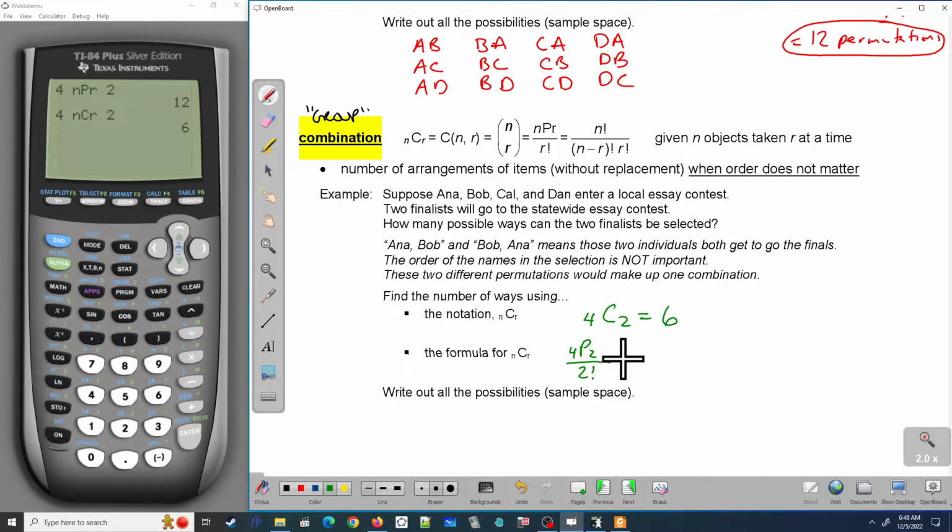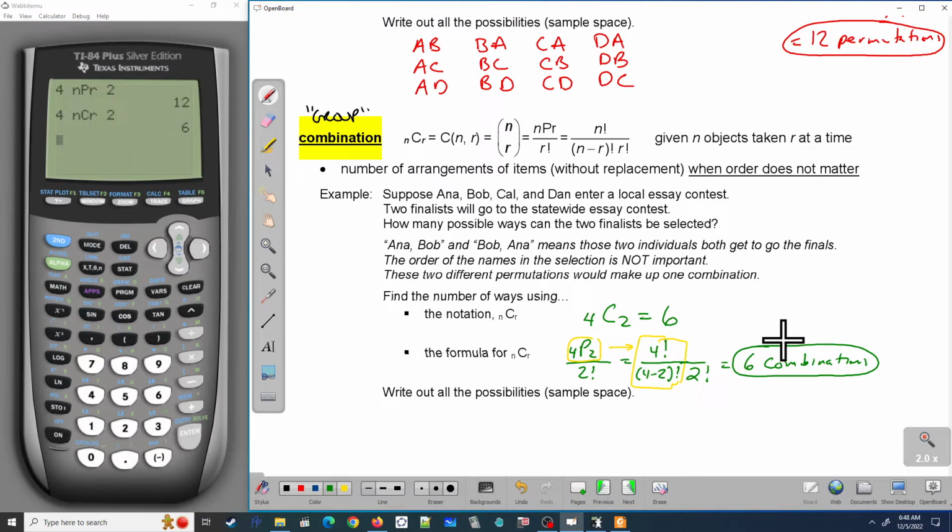Or if you want to write it a little differently, it would be 4 factorial over 4 minus 2 factorial, where this is that part of the formula. But then you just have to divide that also by an additional 2 factorial. And either way you get that, you get 6 combinations.